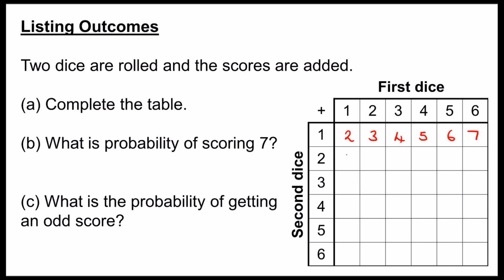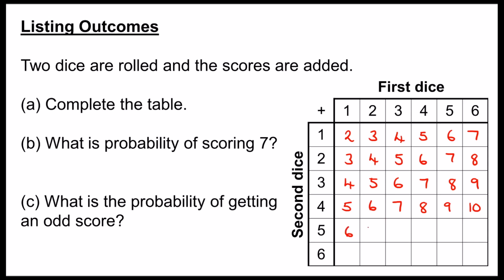On this next row, we get 3, 4, 5, 6, 7 and 8. On the third row we get 4, 5, 6, 7, 8 and 9. The next row would be 5, 6, 7, 8, 9 and 10.